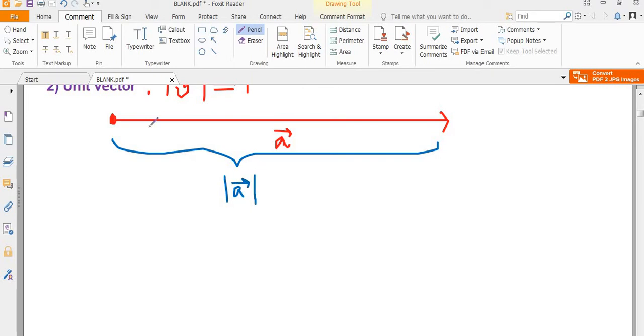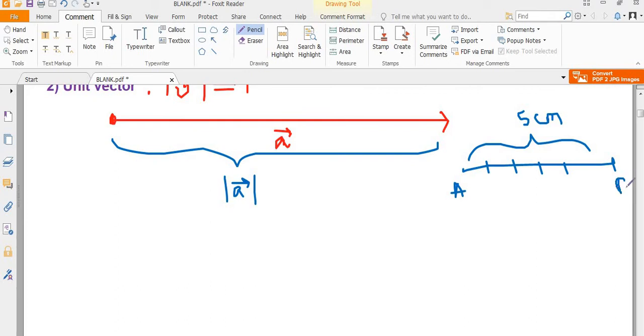Think of how you measure the length of a line. You have a line, and then you divide it into segments. Suppose this is a 5 centimeter length. So you have this line segment starting from A to B, and then you divide it into 5 equal parts.